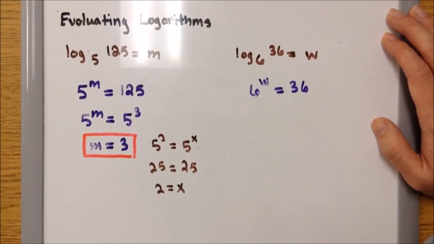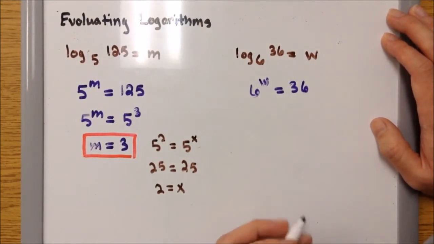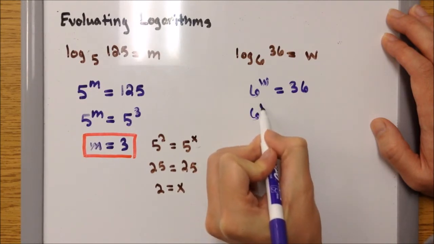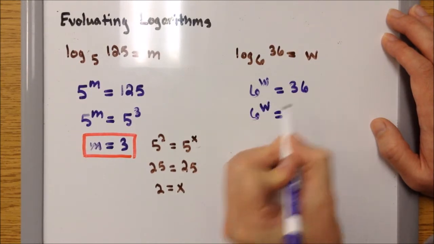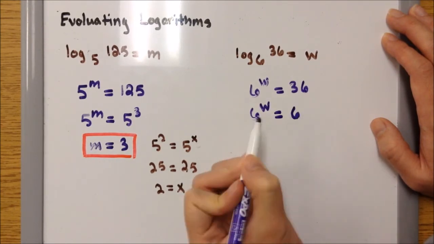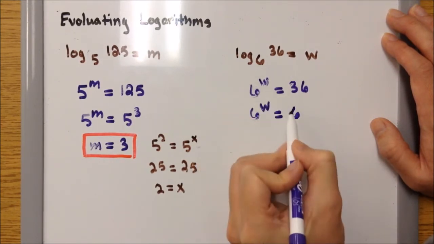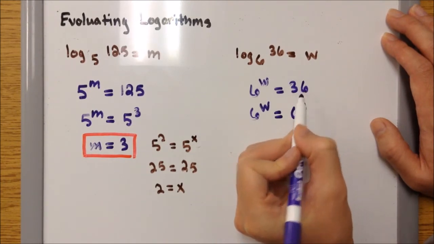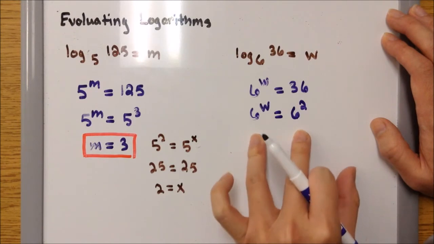Now all we have to do is look for a common base or same base. I'm going to rewrite the left side and then convert 36 into a lower base, the base of 6. Based on memory, 6 to the second power is 36. That is true.